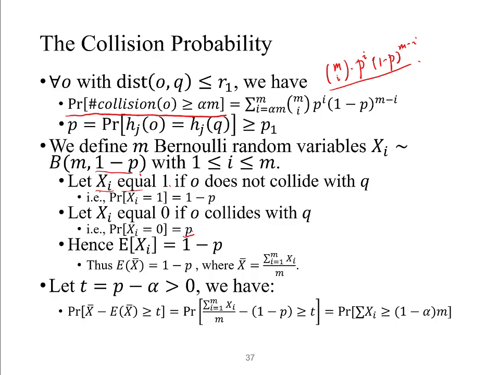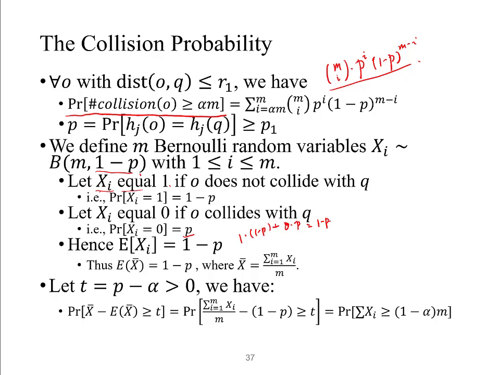Then the expectation of X_i is 1 minus p. The calculation is 1 times (1 minus p) plus 0 times p, so you get 1 minus p.